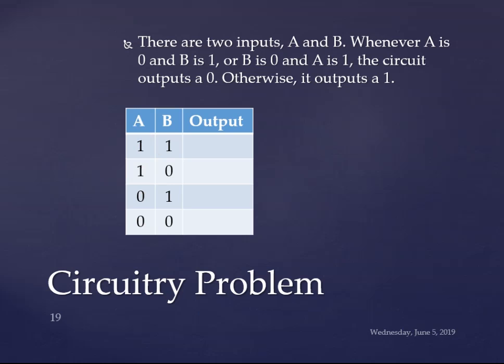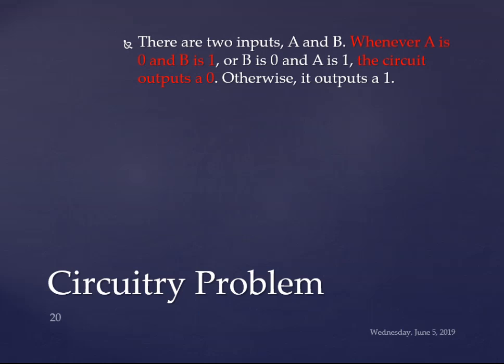Let's take a look at the word problem again. It says that whenever A is 0 and B is 1, or... what I'm doing here is just not paying attention to the or. I just want to take a look at the first condition. So whenever A is 0 and B is 1, the circuit outputs a 0. That's helpful.